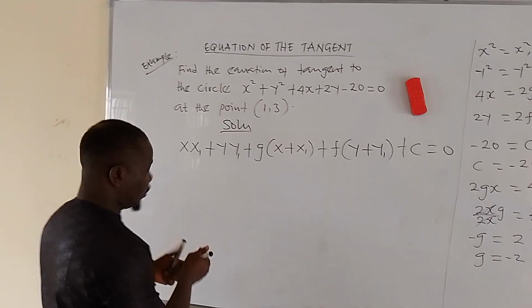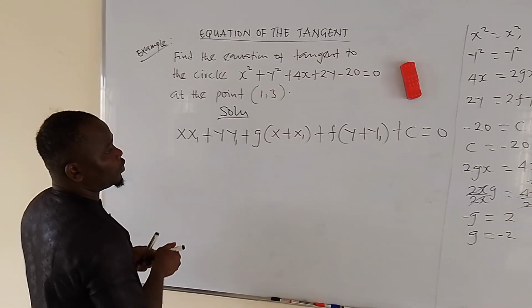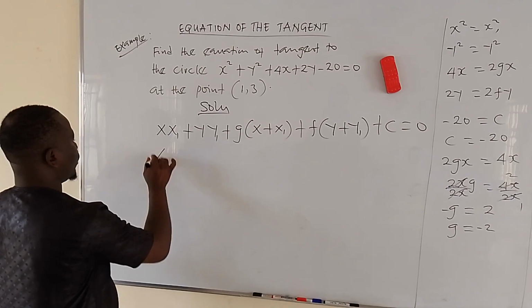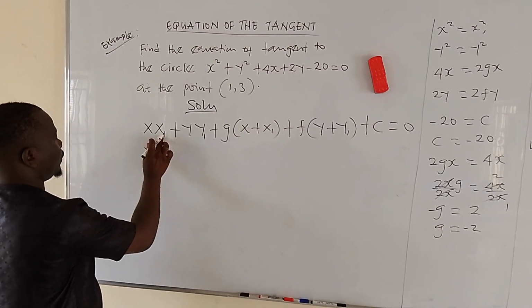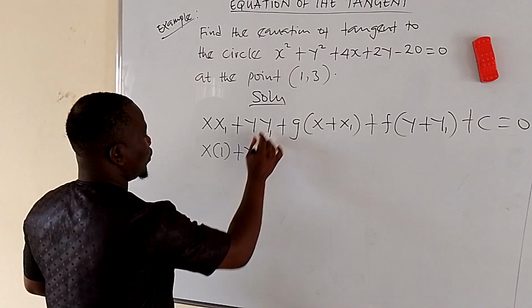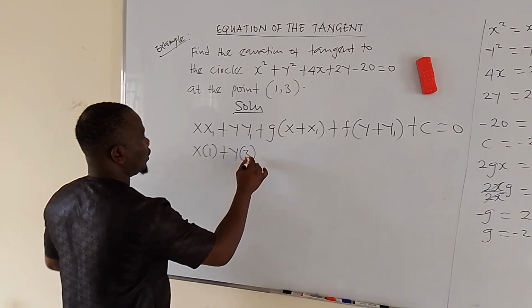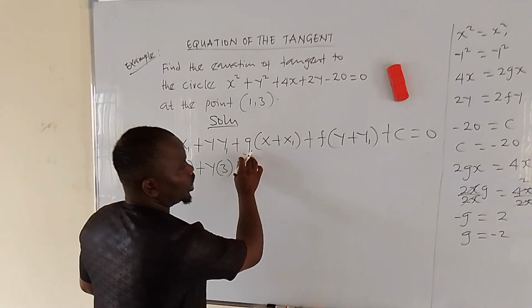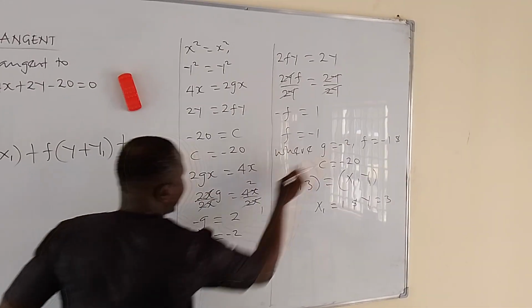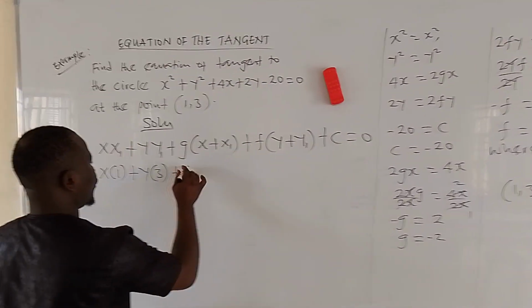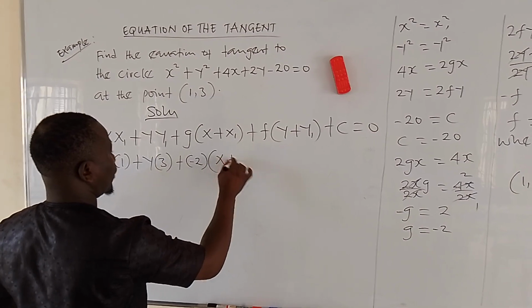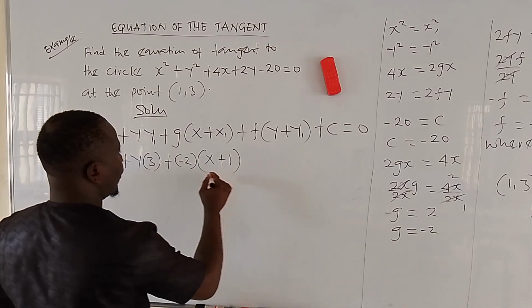Okay, so let's do it together. Our x1 is 1, so x, in bracket, 1. Instead of x1, we write 1, take note. Plus y, our y1 is 3, in bracket, 3. Plus, what is our g? Our g there is minus 2. So plus minus 2, in bracket, x plus 1, because our x1 is 1.